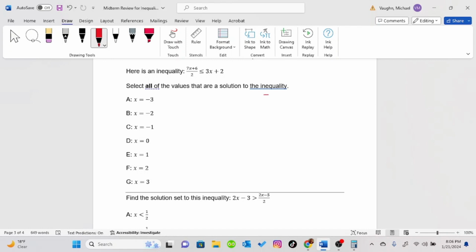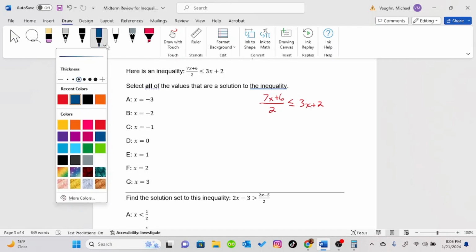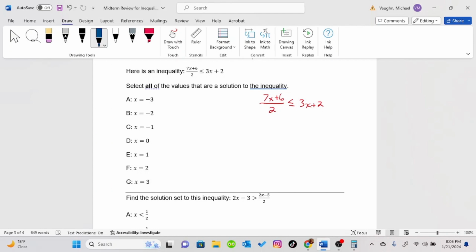So what we are going to do is take our inequality and the first thing I'm going to do is get rid of the fraction by multiplying both sides by 2. The 2's cancel each other out.